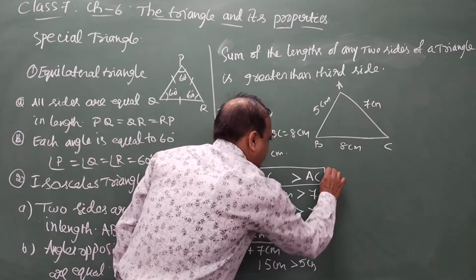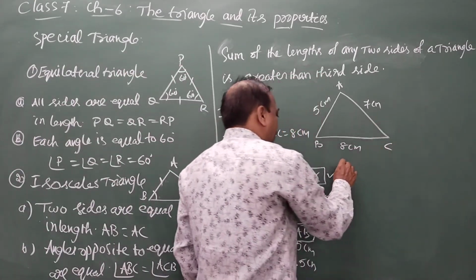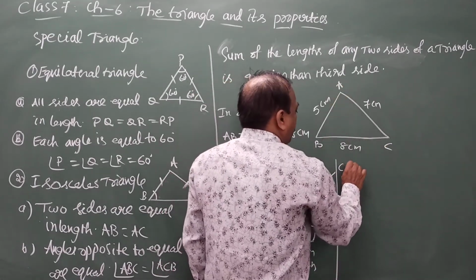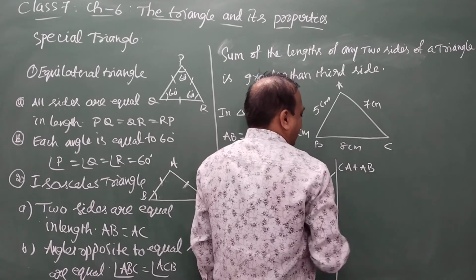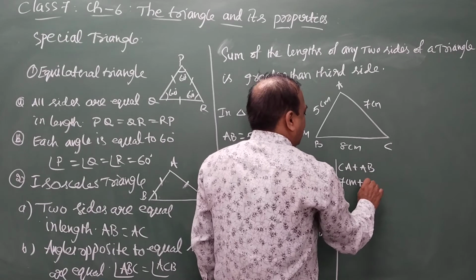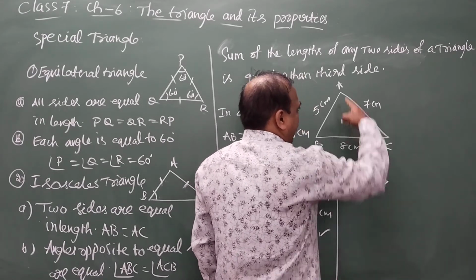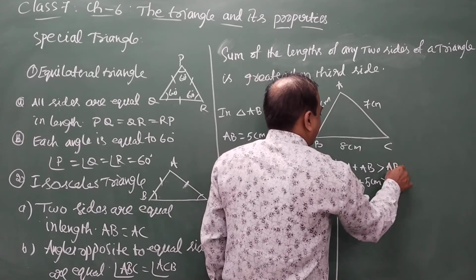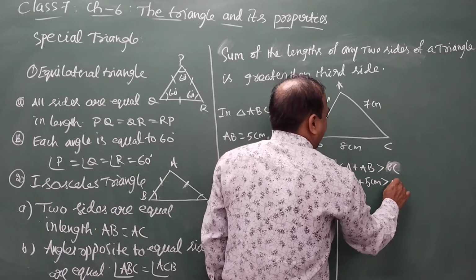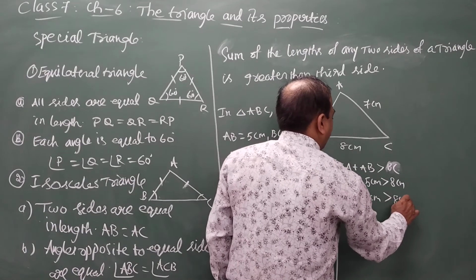Similarly, CA is 7 centimeters plus AB, that is 5 centimeter, should be greater than BC, that is 8 centimeters. So 7 plus 5, 12 is greater than 8 centimeter.